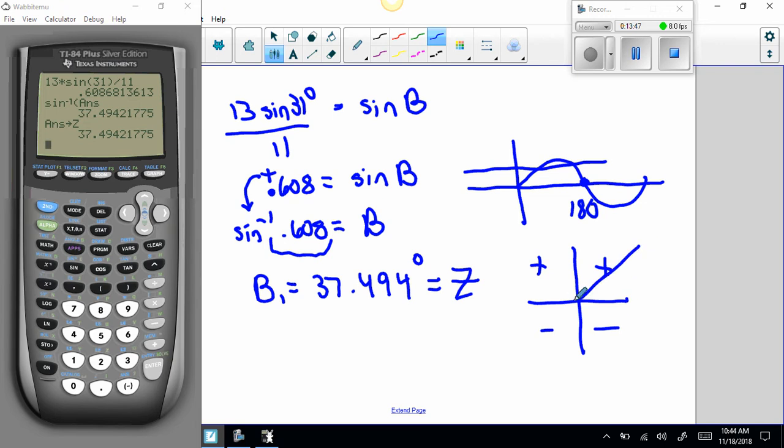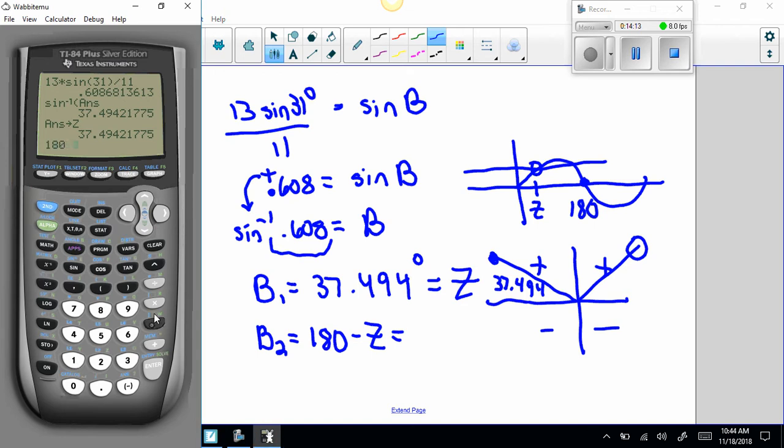Therefore there's an answer here and an answer there. This answer is this, and that was Z at 37. To find this answer here, because we know this is 37.494 because it's a reference angle, we go B2 is 180 minus Z. So we go 180 minus alpha Z.